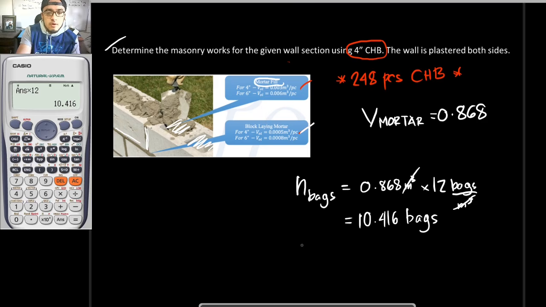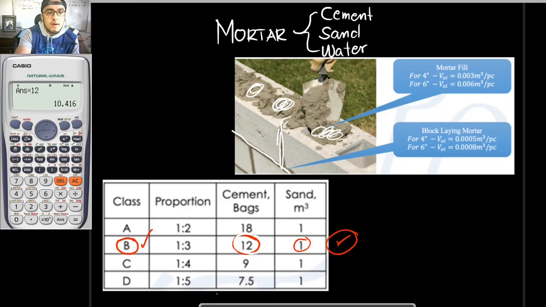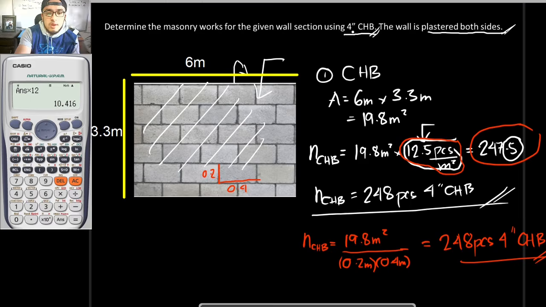And as for the volume of sand, that is to be 0.868 cubic meters times what would be our factor? That would be 1. They are all 1.